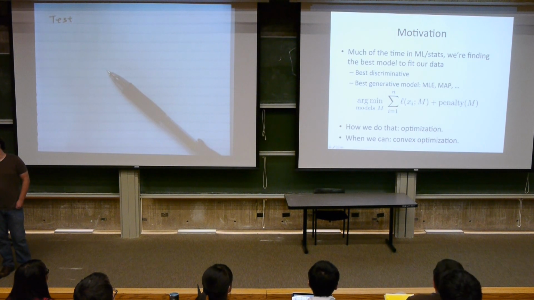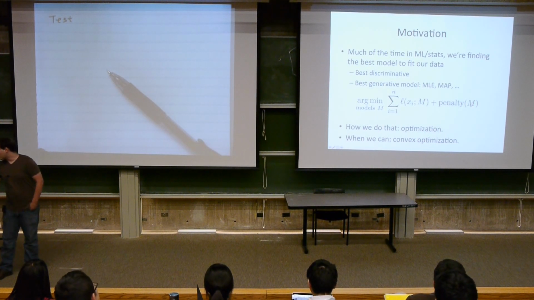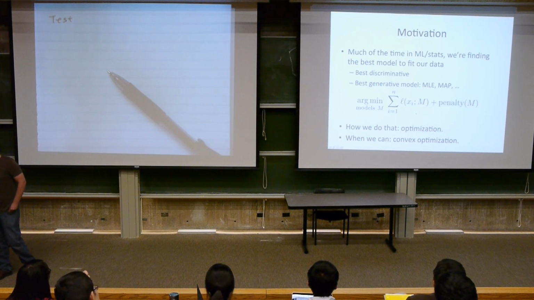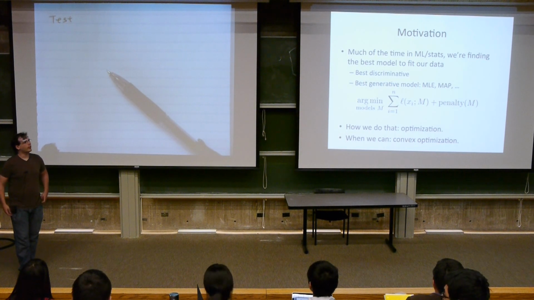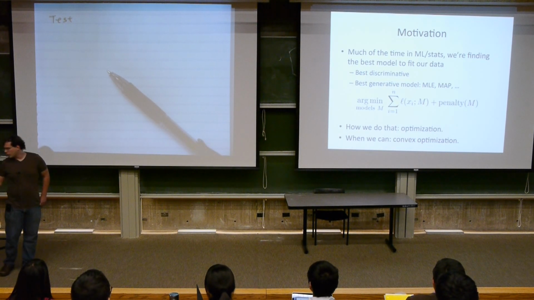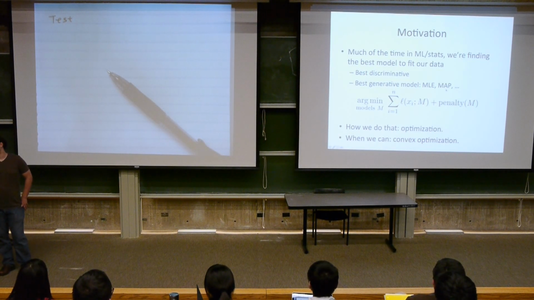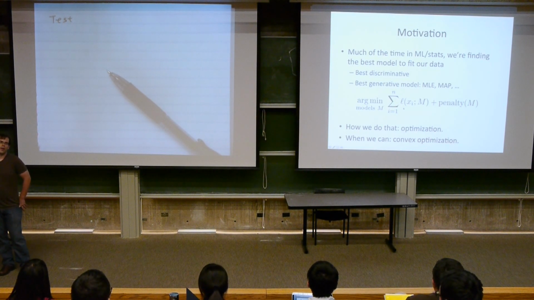So this might be something like, in a MAP case, the penalty on the model would be the prior on what the model should look like, and then the loss function would be something like the probability density under that model of that data point. So this would be minimizing the negative log probability density of the data under the model if we do this as a MAP. But as we mentioned in class, this loss function can be something more arbitrary than that too, something that doesn't necessarily have a probabilistic interpretation.